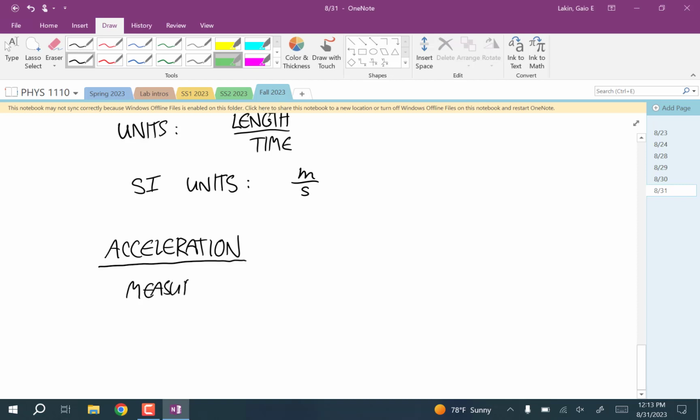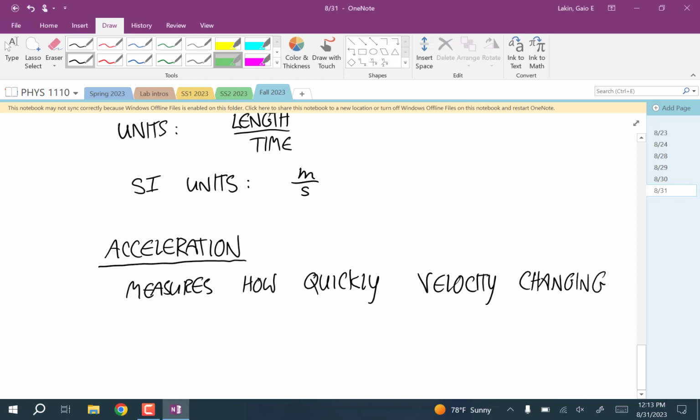So acceleration measures how quickly the velocity is changing. In 1D, non-zero acceleration can only mean that the speed is changing.